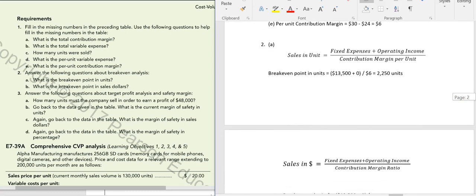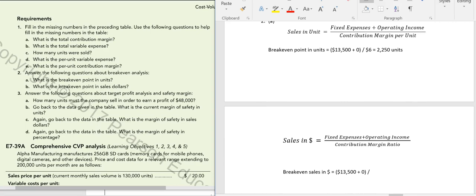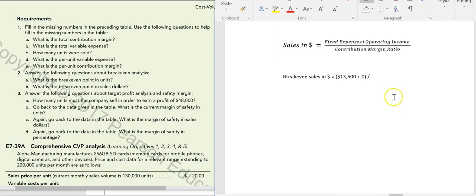So when it asks to calculate sales in dollar value, you have to take the contribution margin ratio, which is 0.2 or 20%. That means we know our fixed expenses, operating income is 0.